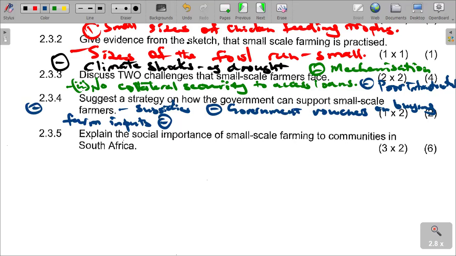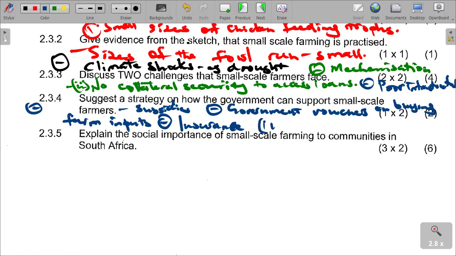We can talk about many other points, such as government provision of insurance on their farms, which is also another support.